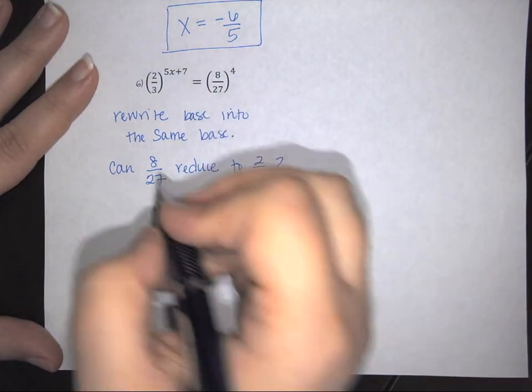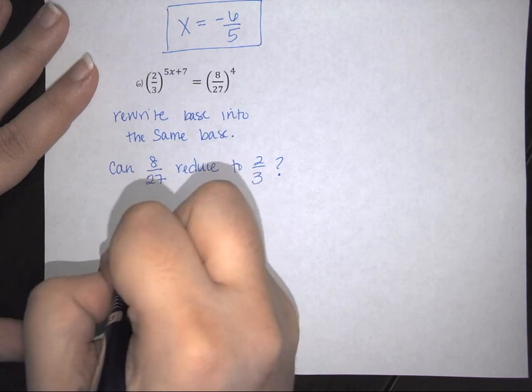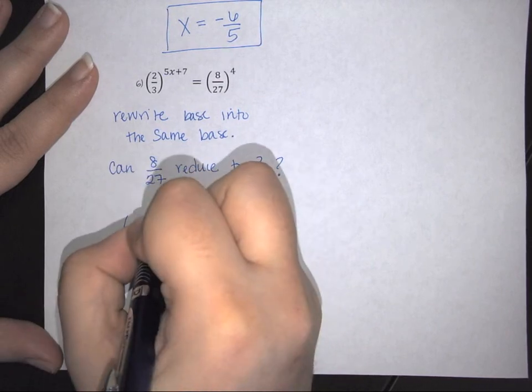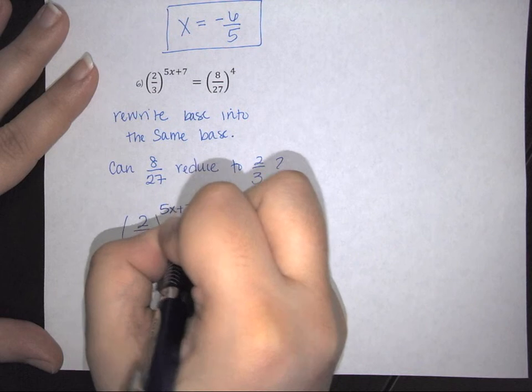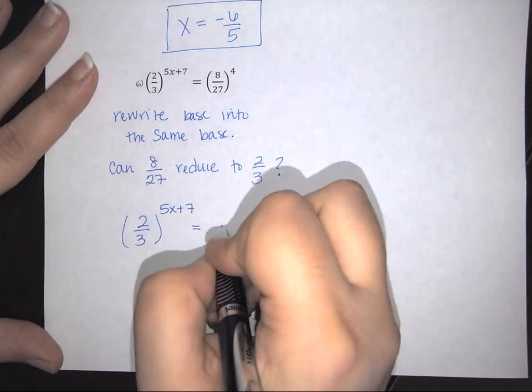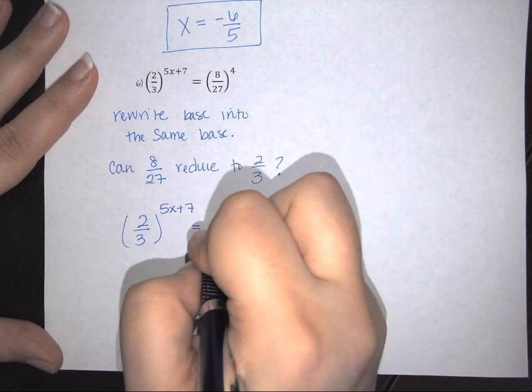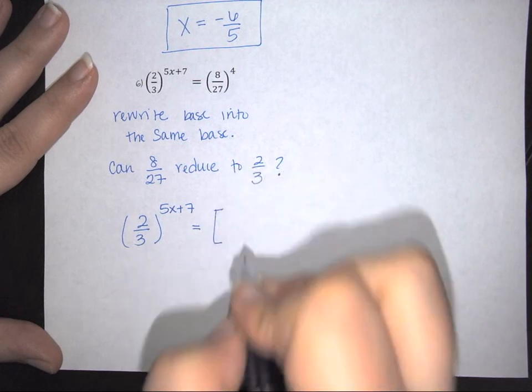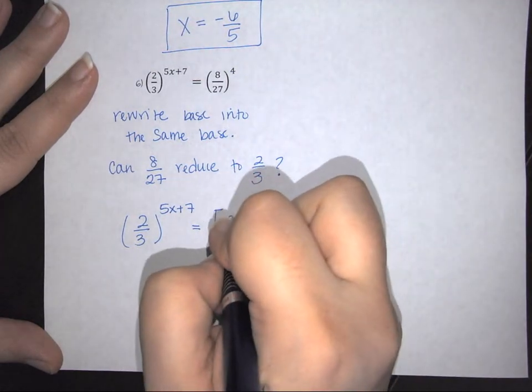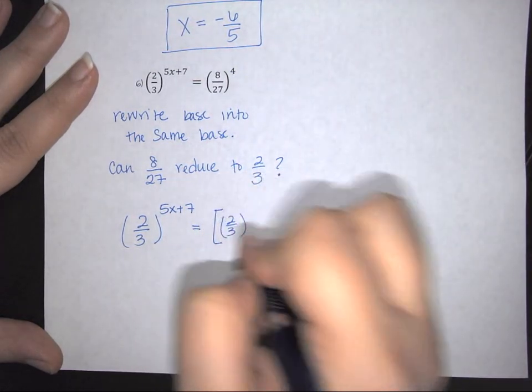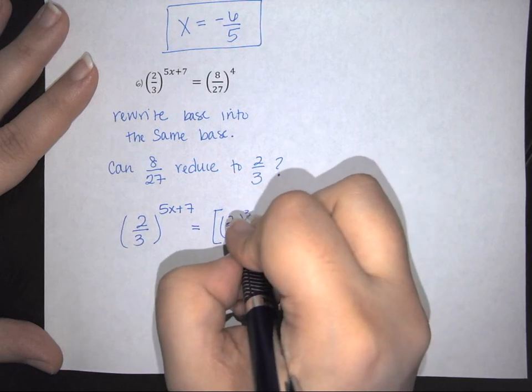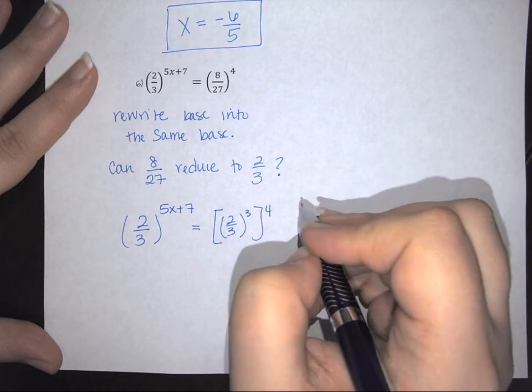And so here what happens is we have 2/3 to the 5x plus 7 is equal to, and then we reduce it. And here we have 2/3 raised to the 3 to the 4.